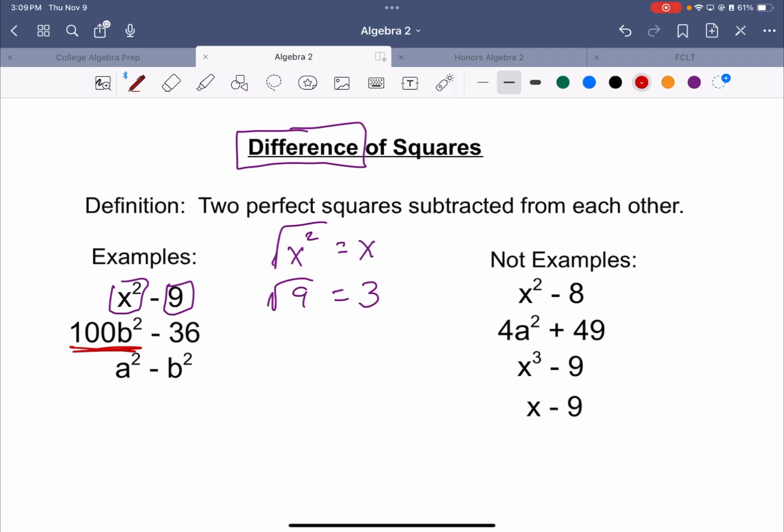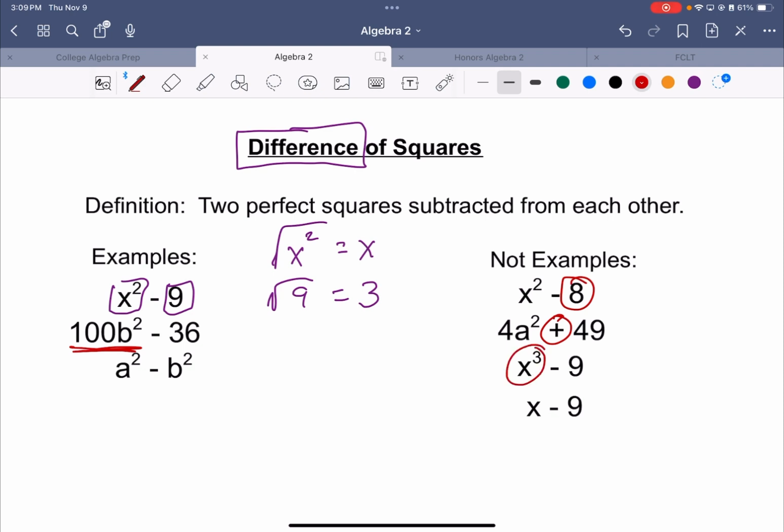We know the square root of 4 is 2, the square root of a squared is a, the square root of 49 is 7. But they're being added. So therefore, they're not a difference of squares anymore. Difference means they have to be subtracted. So this first one is because of the 8. The second one is because of that plus sign. It has to be a minus.